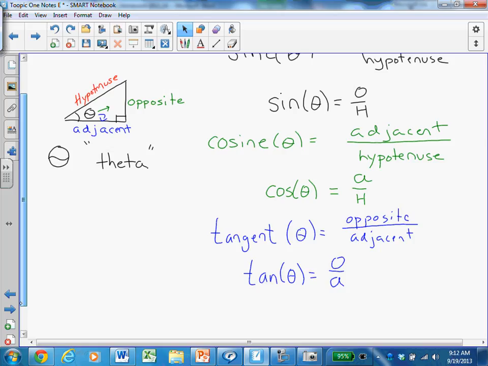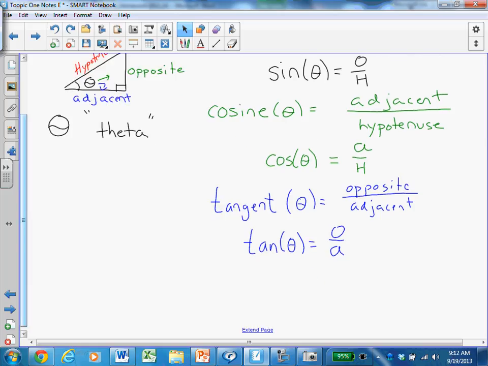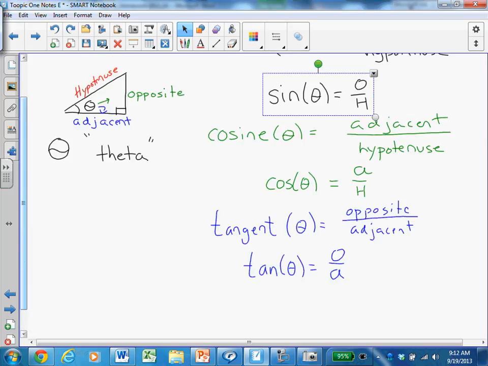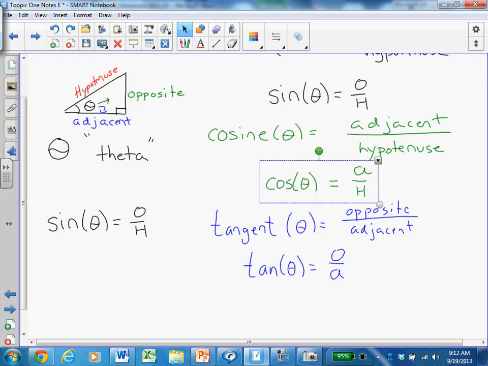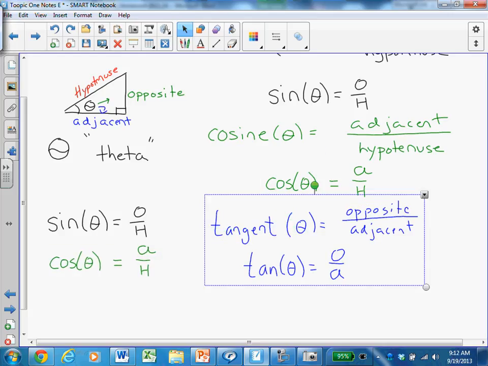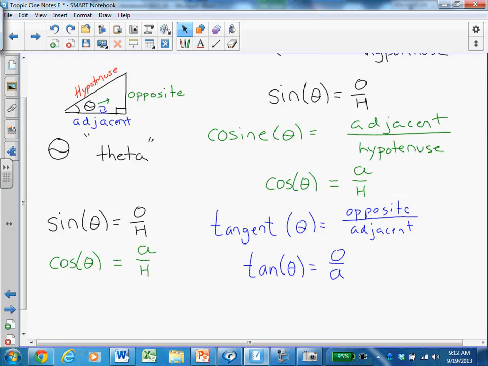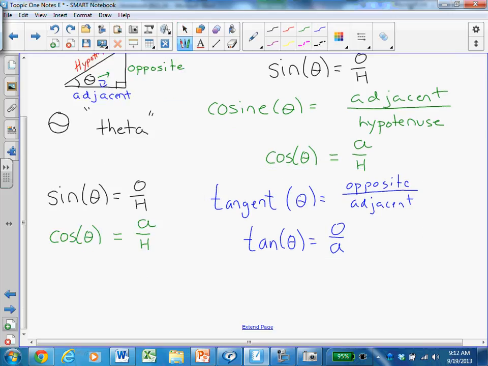So we have three things: sine, cosine, tangent. A good way to remember this, anyone know?